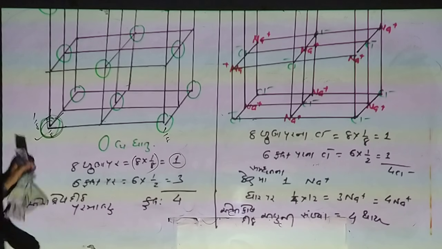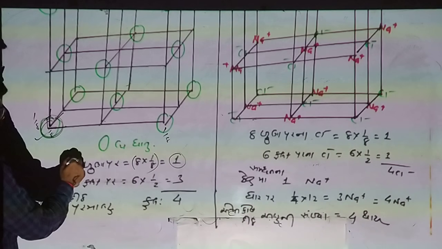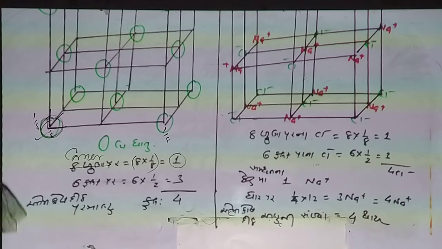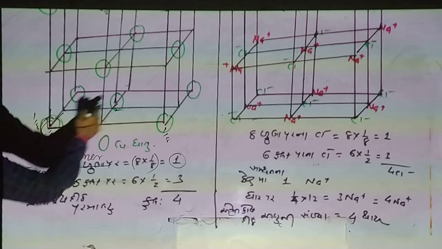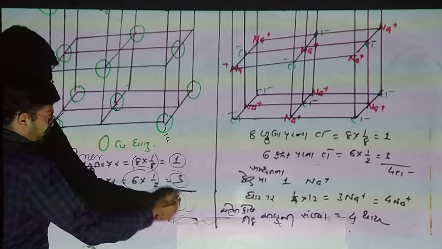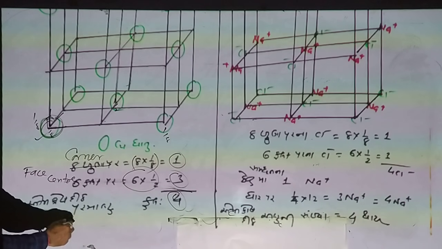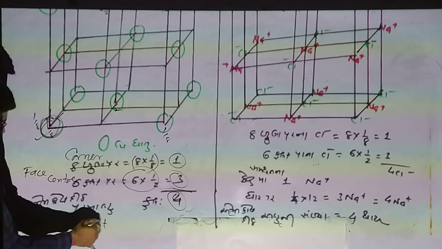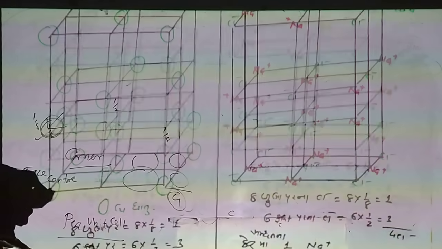So due to the corners it is 1. And due to the face centers, 1/2, 6 times, so 3. So the total number of atoms per unit cell is 4. The number of atoms per unit cell in an FCC structure is 4.